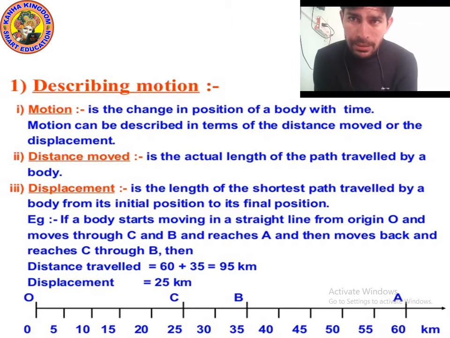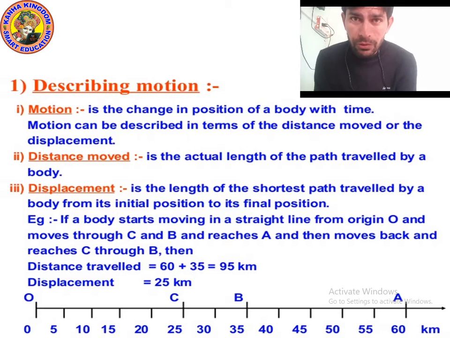Suppose, as you can see in the picture, you start walking from O, the origin where you are standing. You go from O to C, then C to B, then B to A, then again from A back to C.